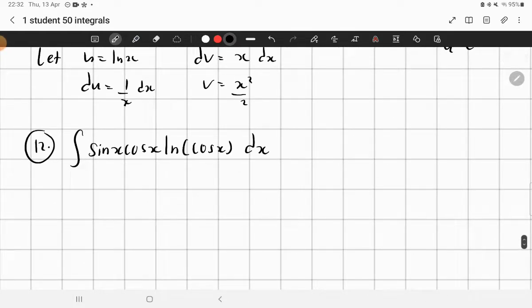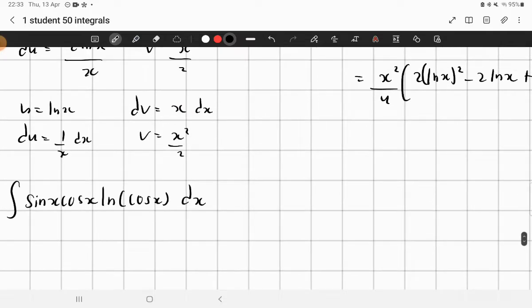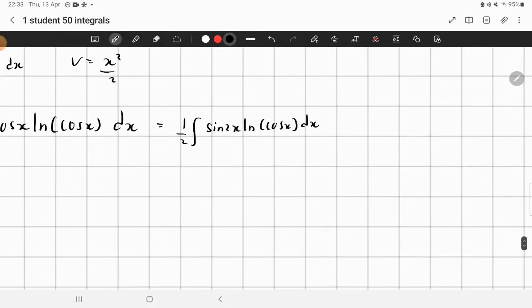Well, it looks like a very interesting integral. So okay, let me try and express sine of x cosine of x as sine of 2x. So essentially it will be 1 over 2 the integral of sine 2x ln cosine of x dx.